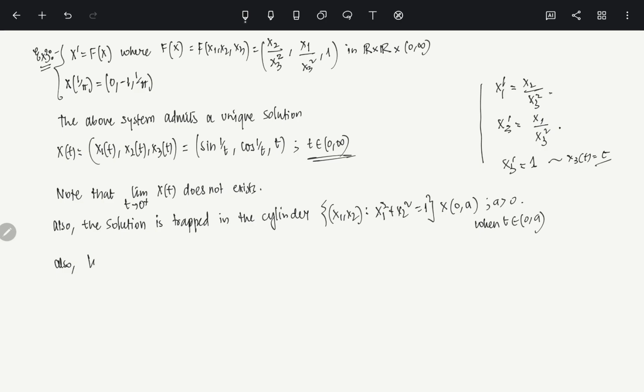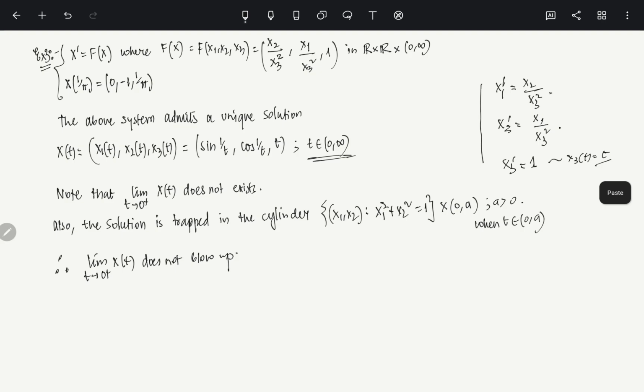So also the limit as t tends to 0 plus, x of t does not blow up. You see, as t tends to 0 plus, the solution always stays inside this cylinder, right? So it cannot blow up. But the thing is, it is not defined.